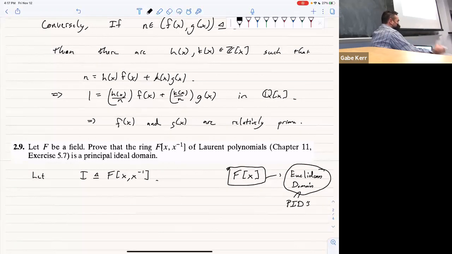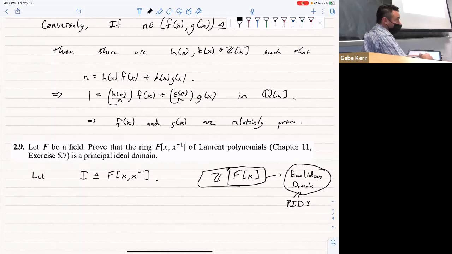The most typical examples would be the integers and polynomials over a field. Other examples that we looked at were Gaussian integers. These are the ones you want to look to for good properties, where you have greatest common divisors, where you can do Bezout's theorem, all the things that we want are there.